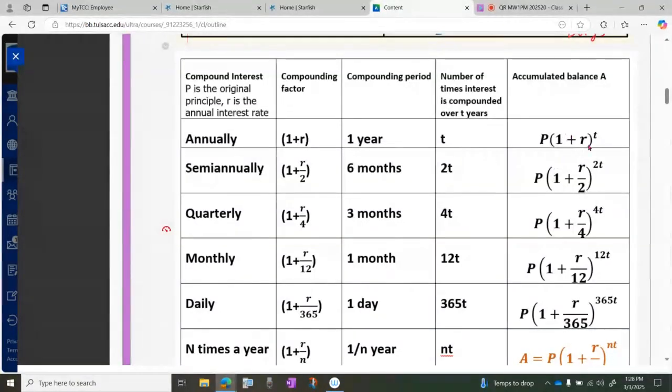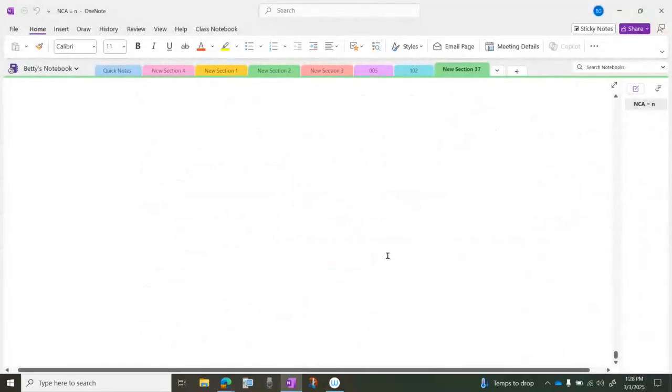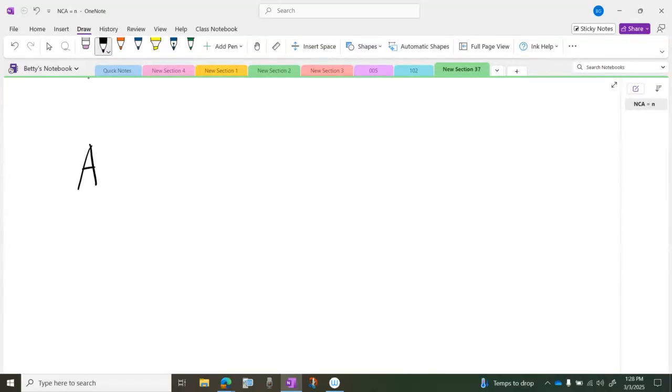All right. So how do we use the compounding factor? It's very cool here. The reason I really need you to understand the compounding factor is because of this fact. Let's say this is the accumulated balance, the money in the account at a certain point.